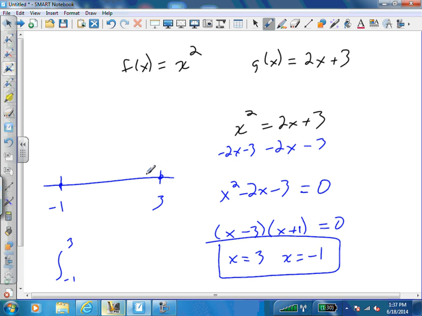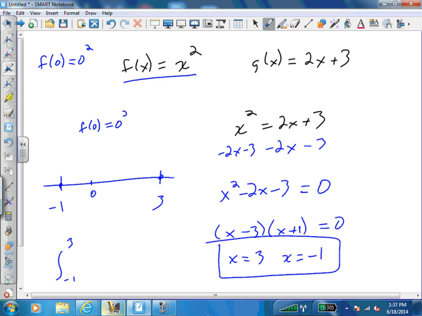What would be an x value in between here? 0. Well, for this function, when x is 0, y is 0.